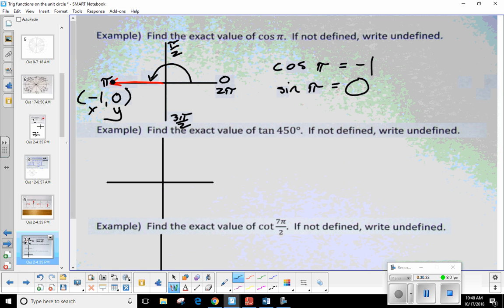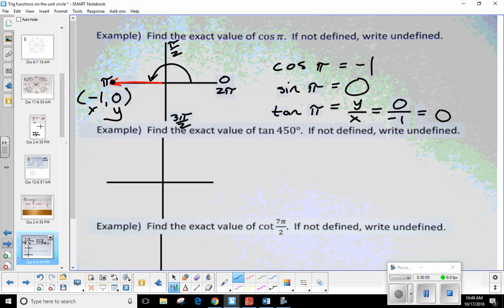Now, this will work for all the other trig functions as well. Let's say I want tangent of pi. Now, remember, tangent's ratio was to take the y value and divide it by the x value. Well, what's the y value? 0 divided by the x. So tangent of pi should be 0.